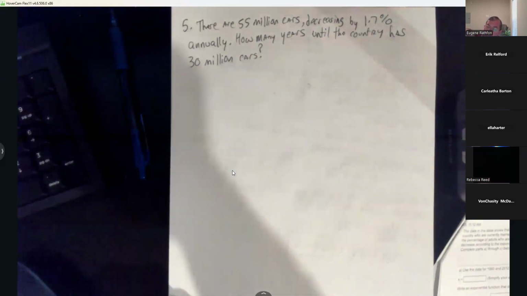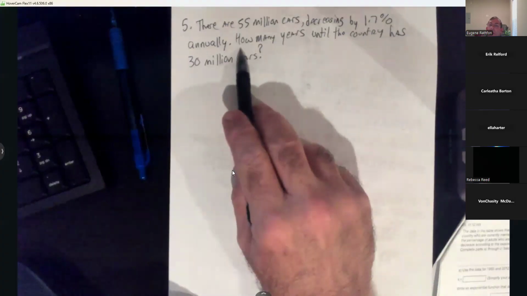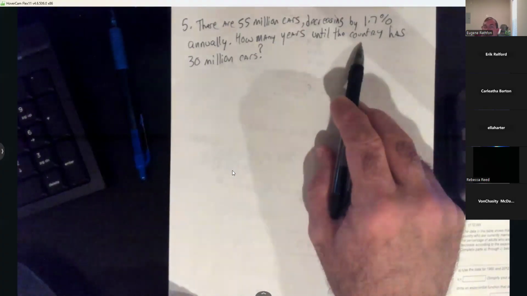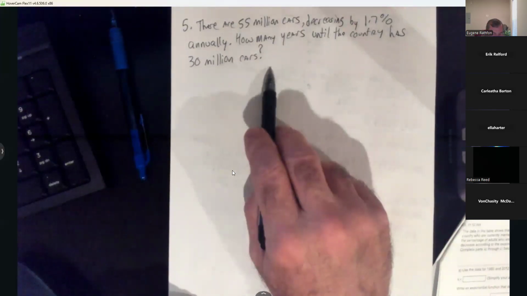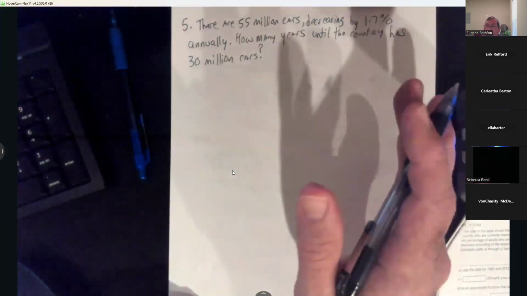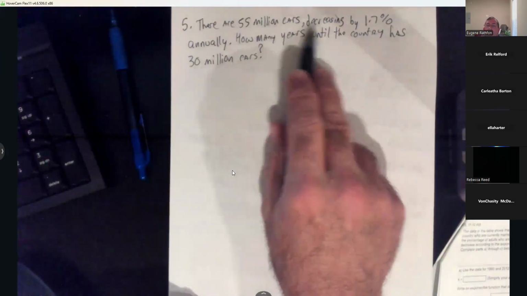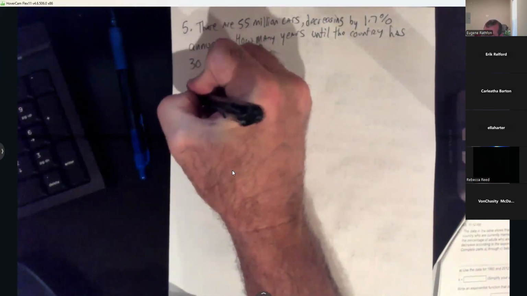So y'all, once again, I'm looking for T. Now this one isn't asking me for the year. It just wants to know how many years until it has 30 million cars. They're not giving me a beginning year or an ending year. We're just going off of what they got here, okay? So we're going to use our formula for time.